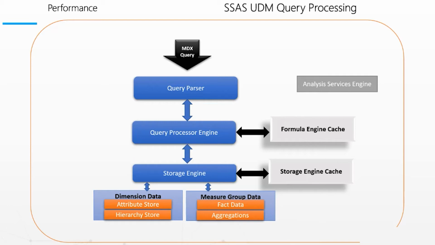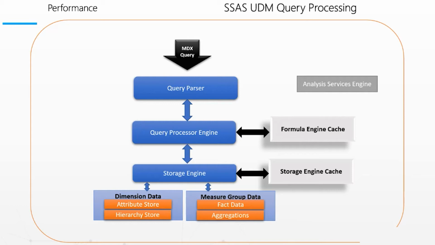The query processor caches the calculation results in the formula engine cache. The storage engine responds to the subcube data request generated by the query processor. A subcube is a subset or logical unit of data for querying, caching, and data retrieval. It first checks if the requested subcube data is already available in the storage engine cache. If yes, then it serves it from there.